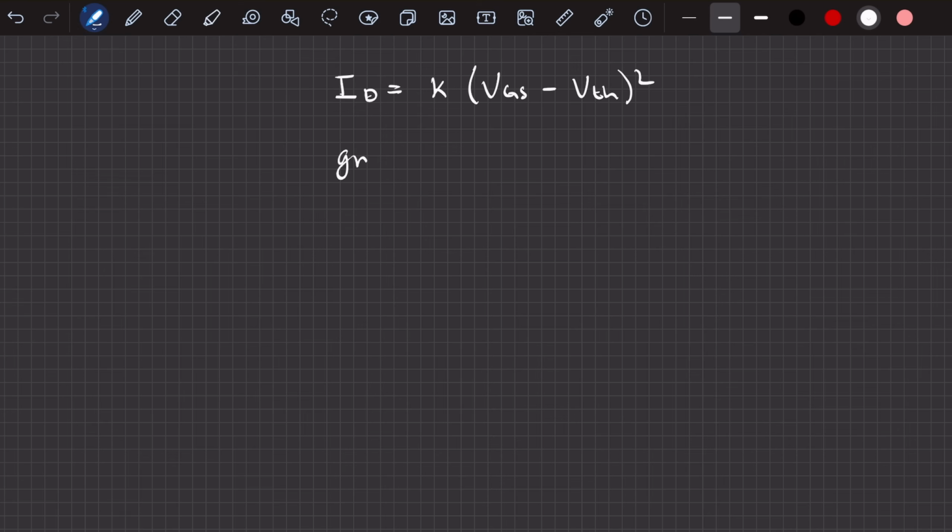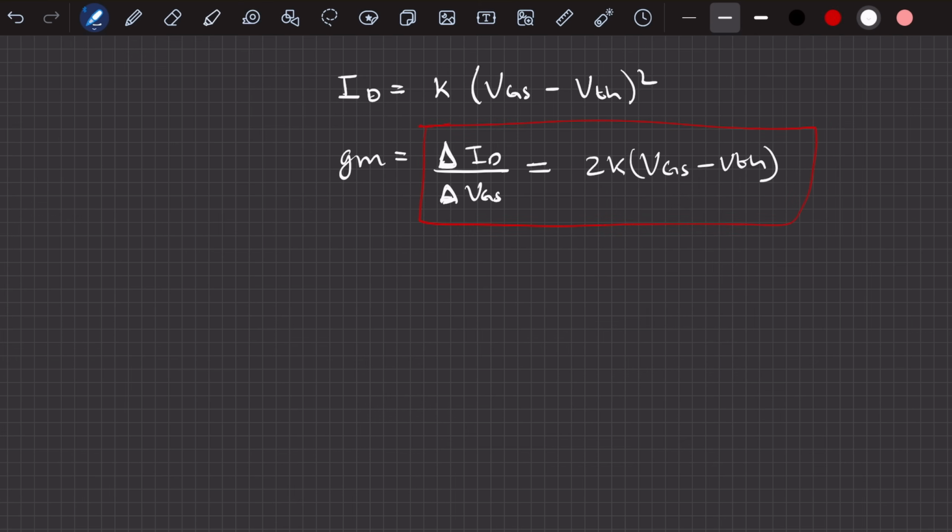We know that GM is equal to delta ID over delta VGS. So if you do the differential on this, you basically get 2K (VGS minus VTH) divided by 1, but whatever. So this is one of the equations that we'll need to remember.